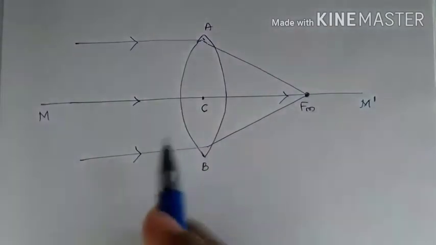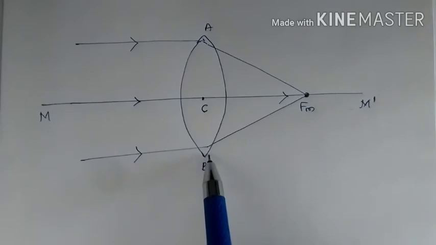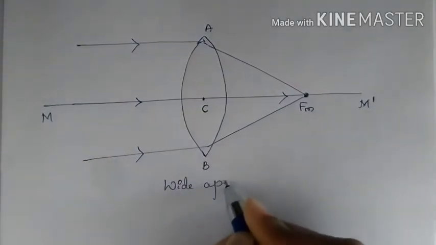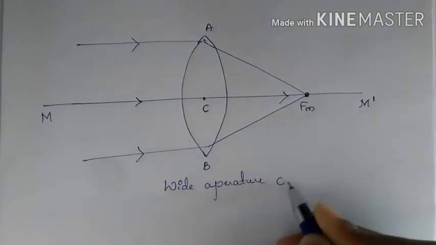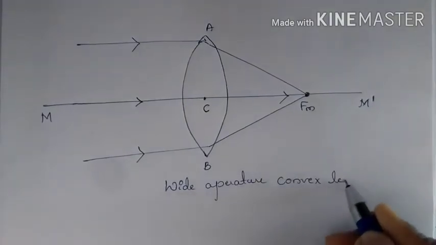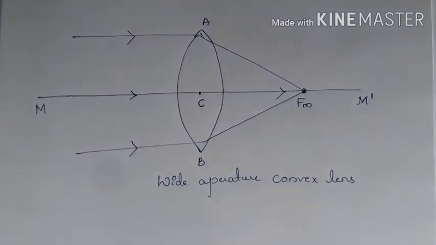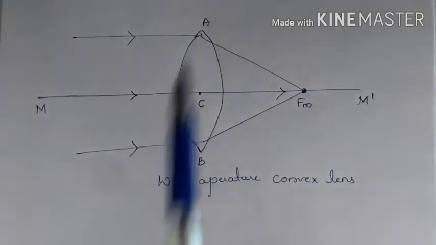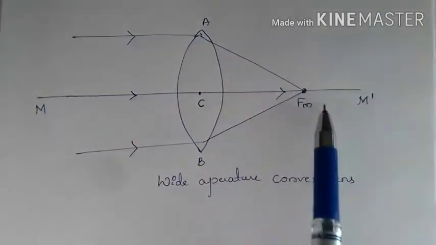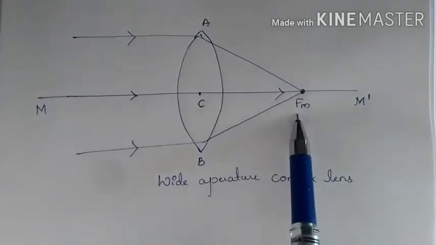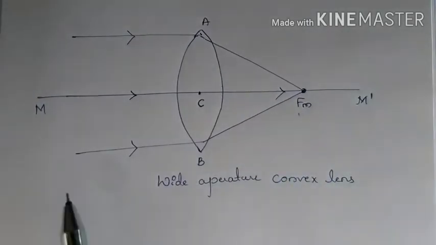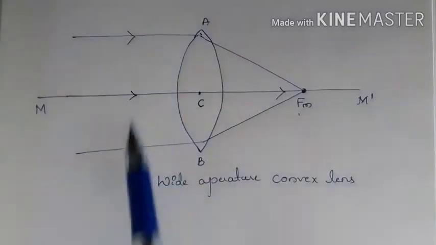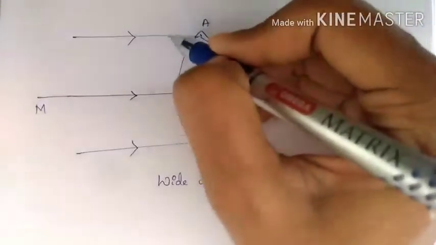So what is happening here? There is a wide aperture convex lens, and on this lens we are making two parallel rays incident. These two parallel rays will get refracted by the lens and fall at a point FM on the principal axis.